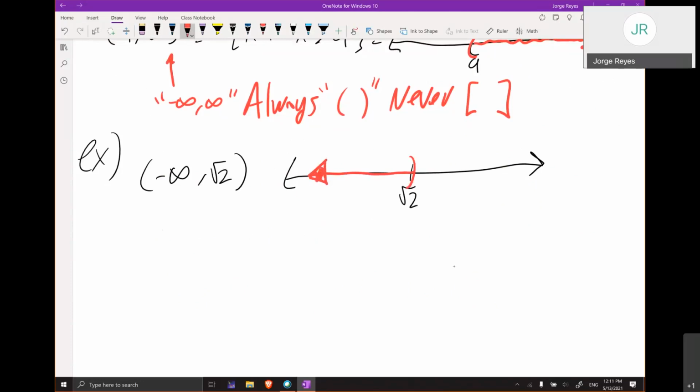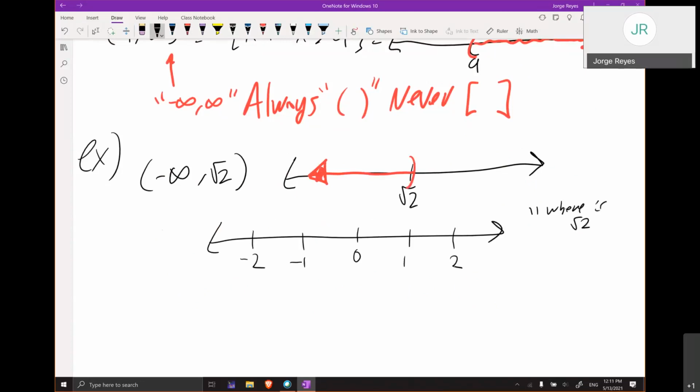But if you are filling this in on a test or something, or if your number line already has numbers on there, then you have to ask yourself the question of where is the square root of 2? So you actually kind of have to know where it is, because if you drew this, then you're just wrong, because first of all, the square root of 2 is not negative.